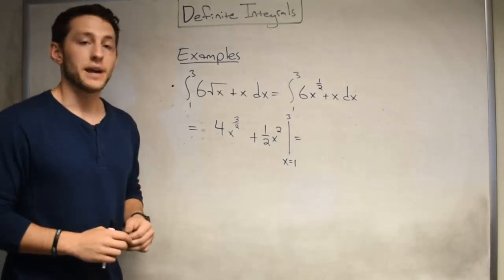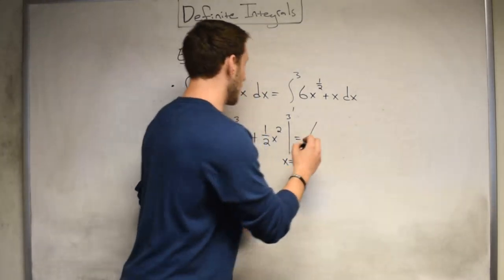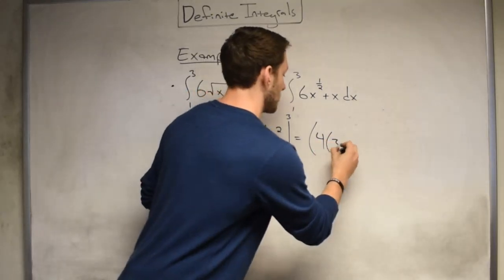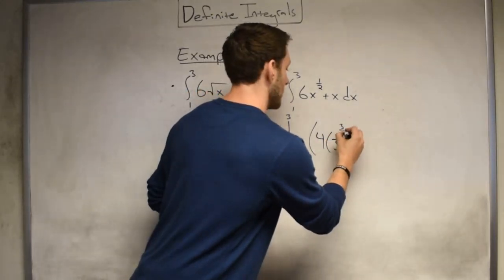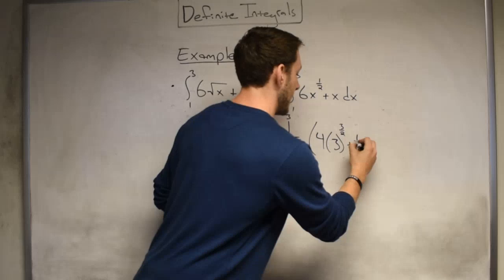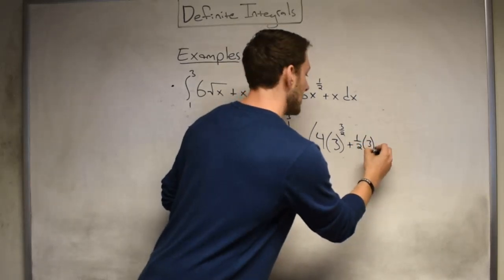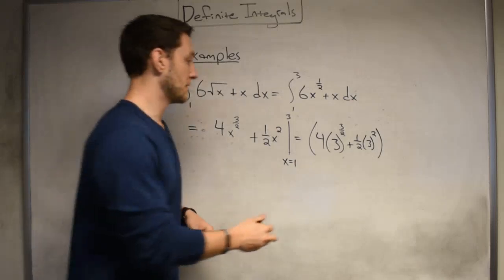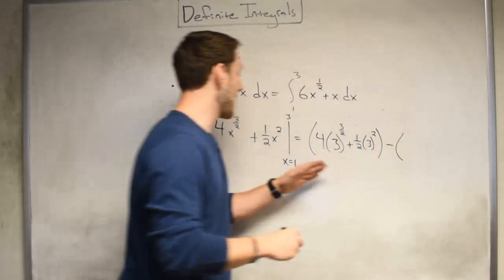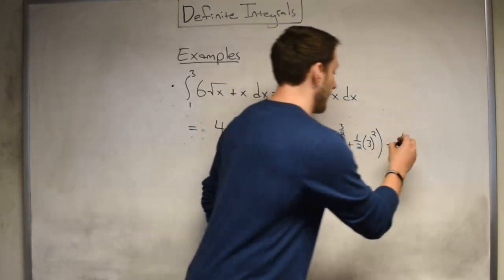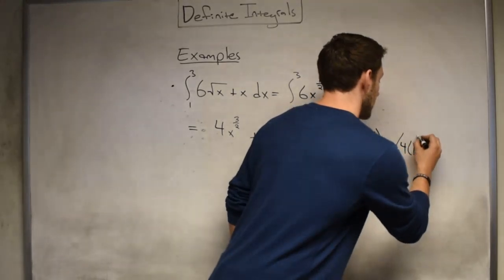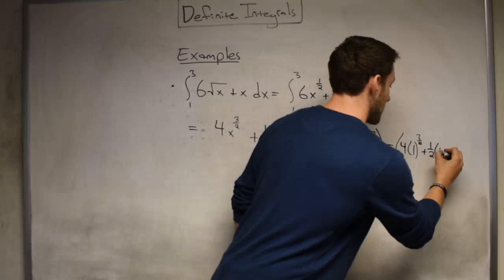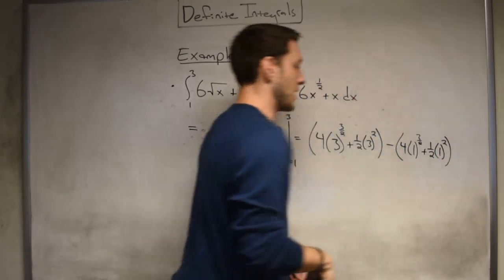Now we plug in the top number to our antiderivative: 4 times 3 to the 3/2 power plus 1/2 times 3 squared, and then plug in the bottom number. Minus the entire thing of 4 times 1 to the 3/2 power plus 1/2 times 1 squared.